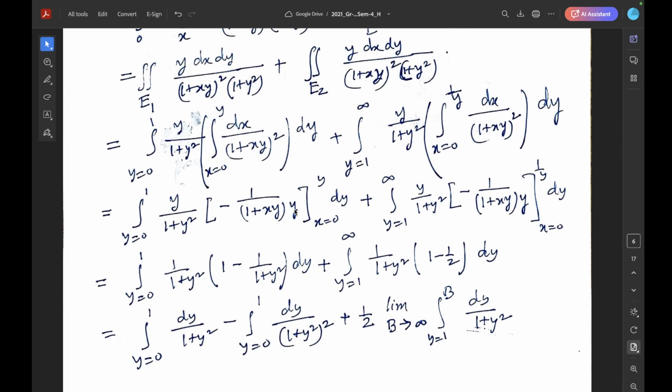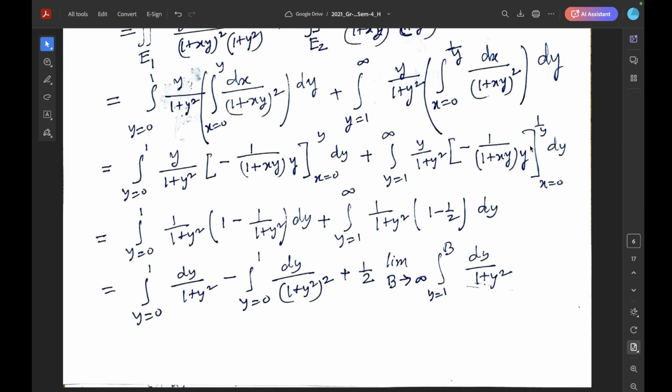So first we put x equal to y, giving 1 plus y square, and this y cancels, and next putting x equal to 0 gives 1 minus 1 by (1 plus y square) dy. And for this, put x equal to 1 by y, so this 1 plus 1 is 2, minus half, x equal to 0, this 1.